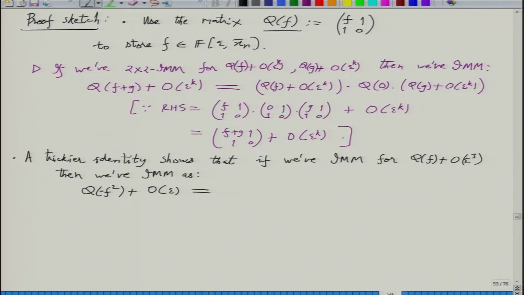Okay, so the precision reduces, the error term is now merely a multiple of epsilon and not epsilon cube, and it is a product of lots of matrices where a lot of division is happening, 1 over epsilon, right?